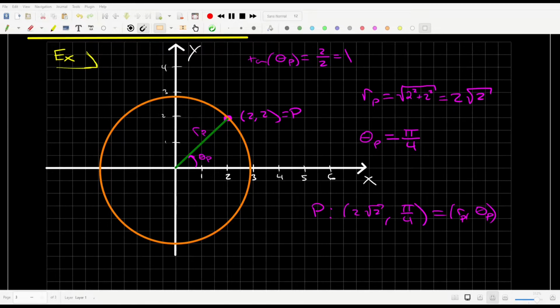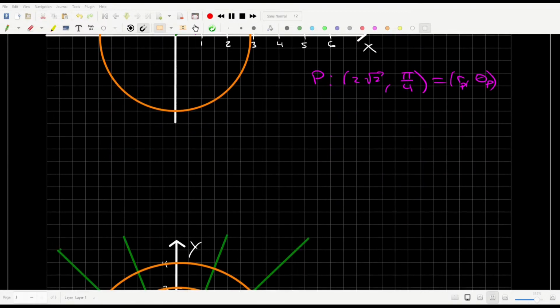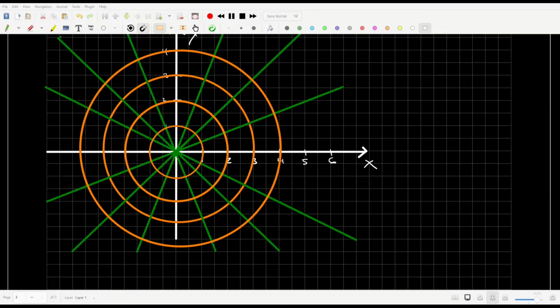And so I'm going to do this for a number of different other points and get a picture that looks like this, where you have, say, a circle of radius 1, circle of radius 2, circle of radius 3, circle of radius 4, and so on and so forth.